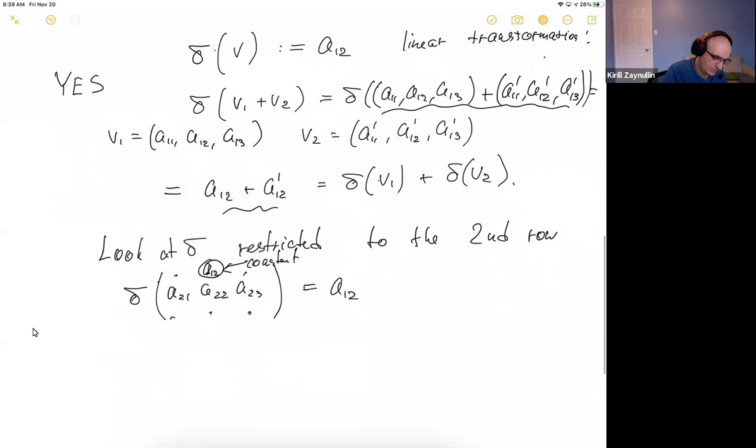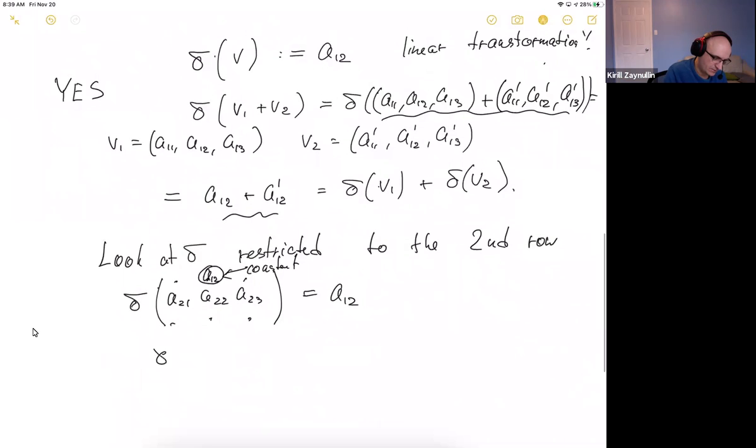Okay, so now, if we would like to check whether this delta is a linear transformation, restricted to the second row, then we will realize that it is not a linear transformation.